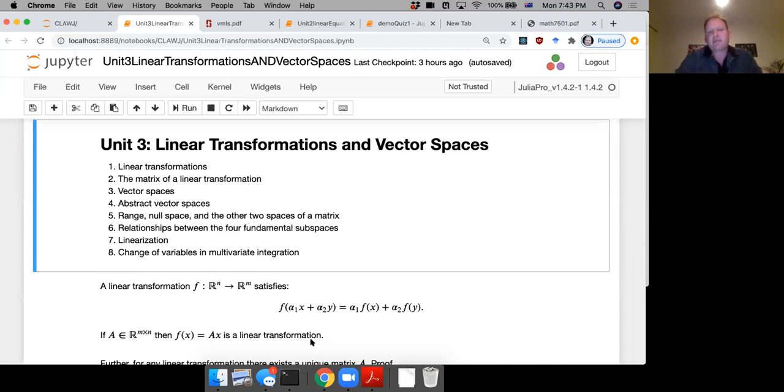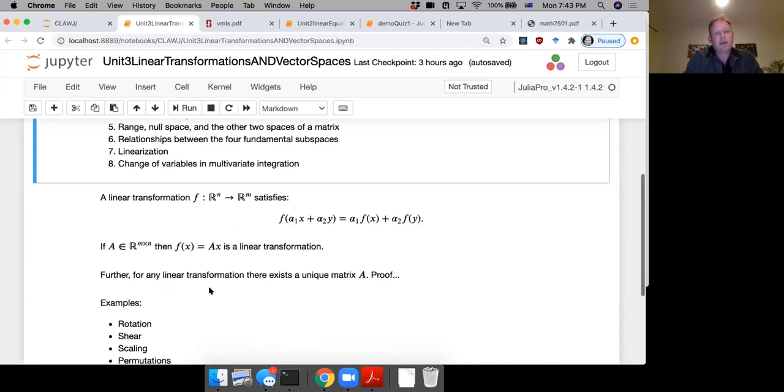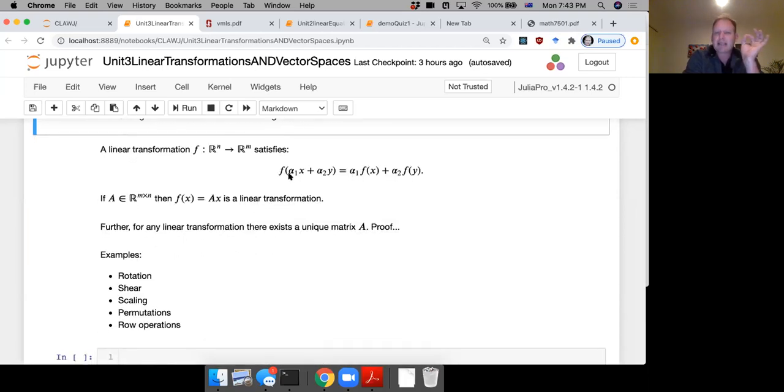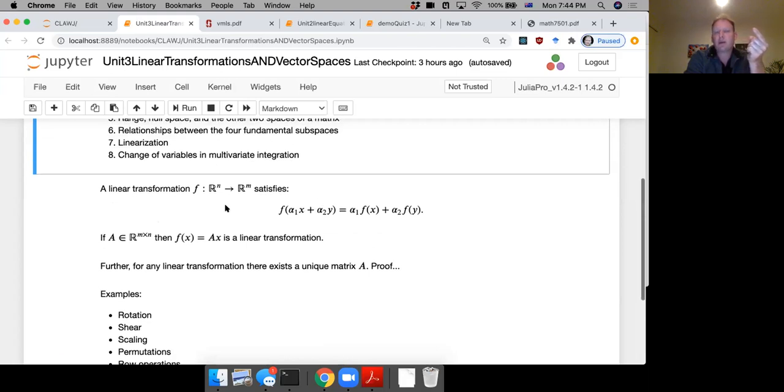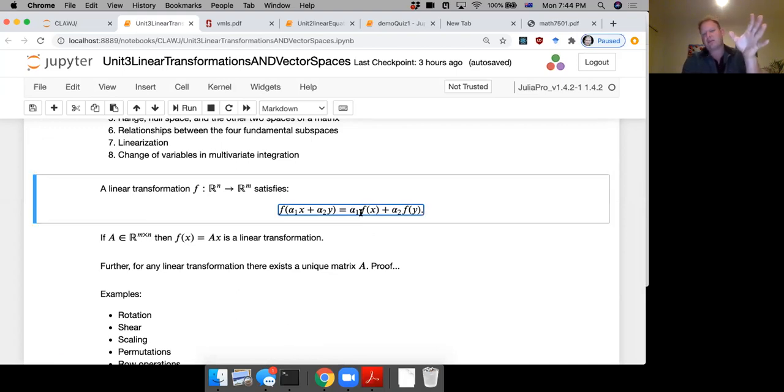But now let's speak about specific functions, which we call linear transformations. Again, a function from Rn to Rn. Let's ask this function to satisfy something. When we take two vectors, x and y, in Rn, and we do a linear combination of them with two scalars, alpha1 and alpha2, then we get the property that you get alpha1 times the function applied to x plus alpha2 times the function applied to y.